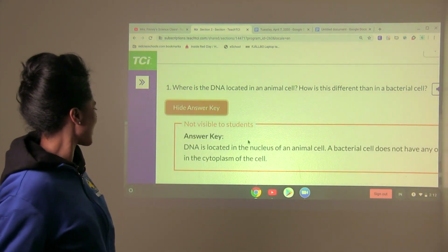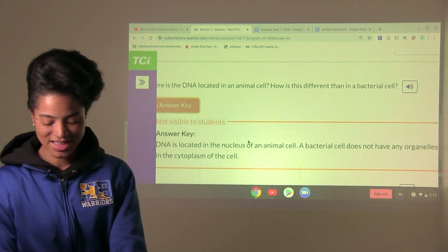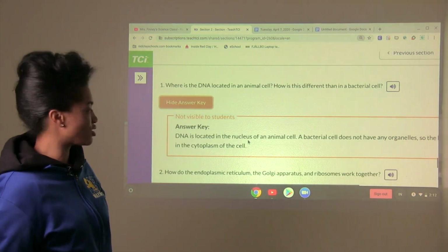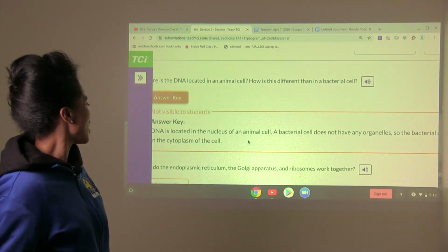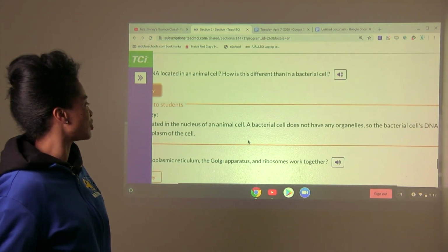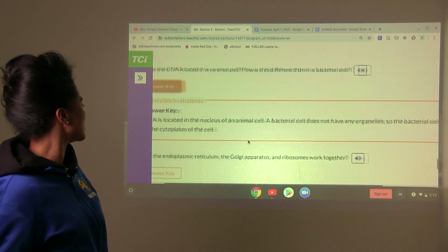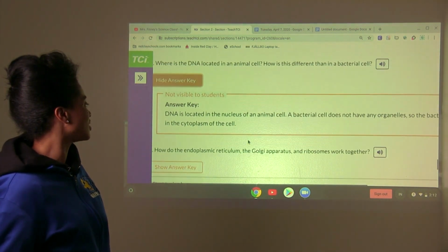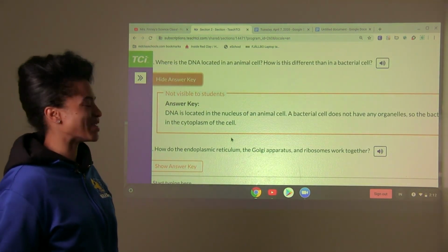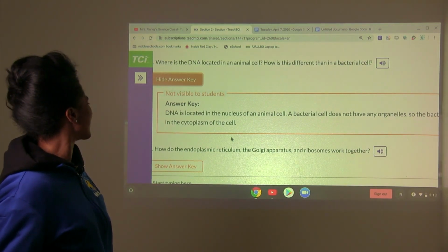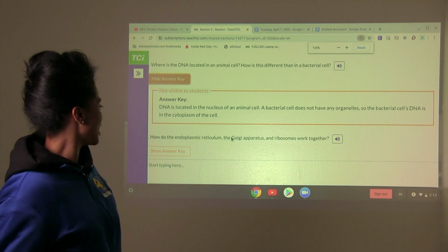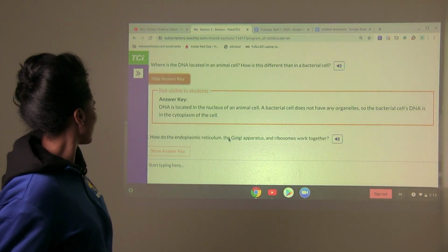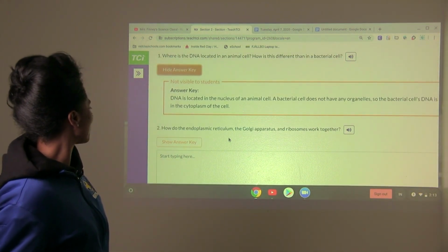It says DNA is located in the nucleus of an animal cell. A bacterial cell does not have any organelles, so the bacterial cell's DNA is in the cytoplasm of the cell. Hopefully you have that. Jot it down in your TCI program.